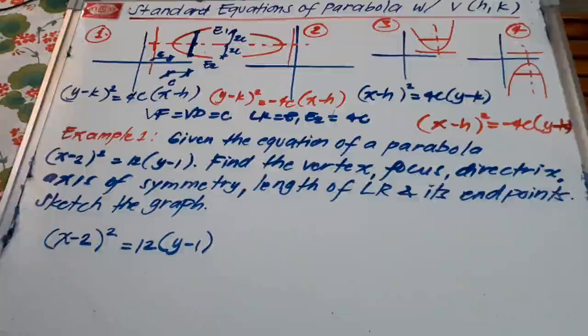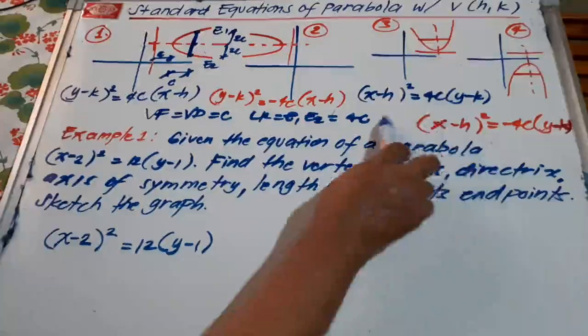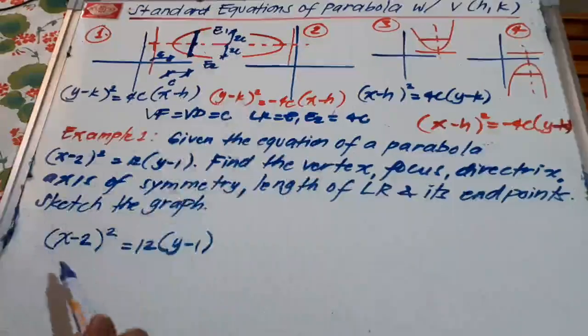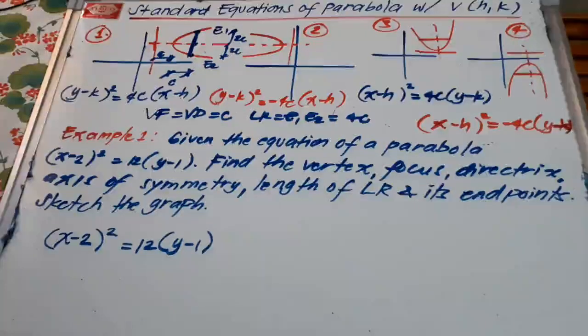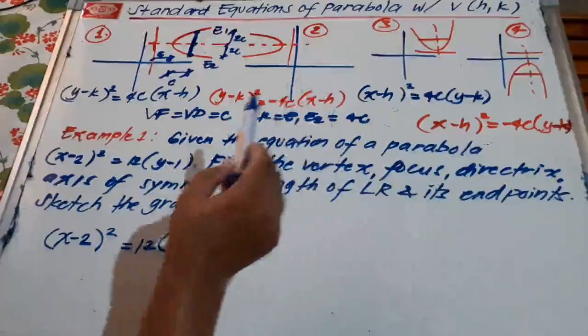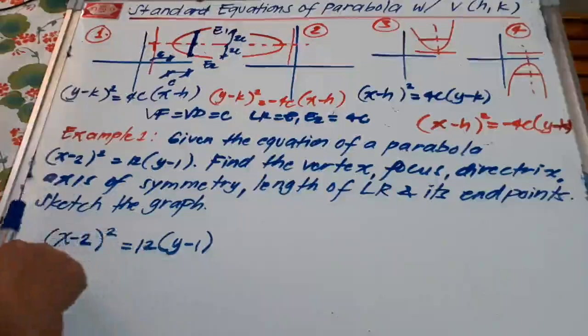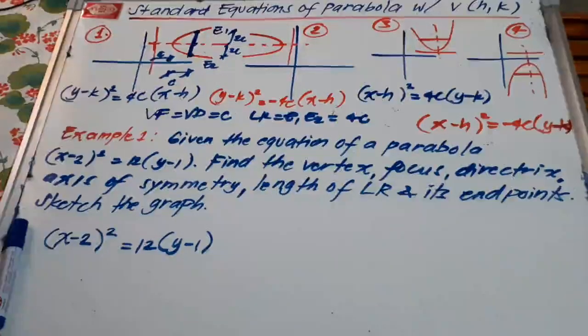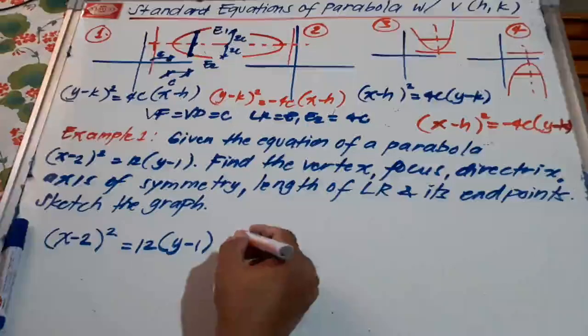Yan. Ang isang quadratic dito ay variable x at ang ating variable y is linear. So, any of these two equations ang katulad ng given equation of the parabola. Okay? So, since yung right side of the equation is positive, we're going to adopt this equation. Okay? So, ibig sabihin, katulad siya ng equation number 3 na equation ng parabola.